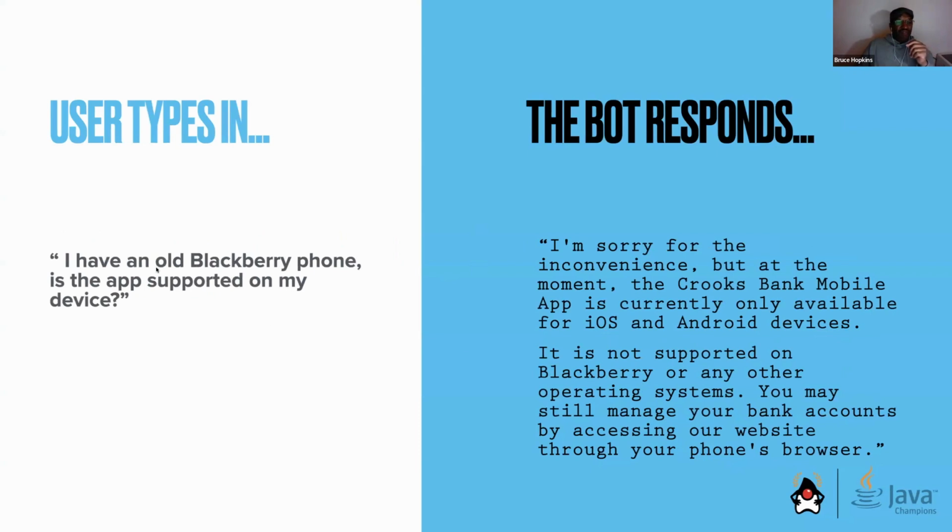Second question: I have an old BlackBerry phone. I used to have one, but I don't know where it is now. Is the app supported on my device? The system responds back in the Discord channel, I'm sorry, but unfortunately, it's only supported for iOS and Android. So far, so good.